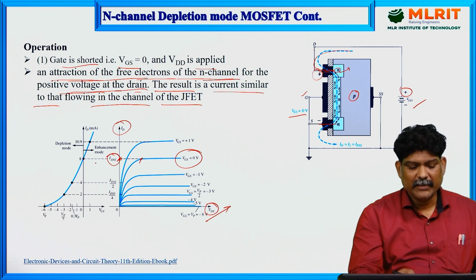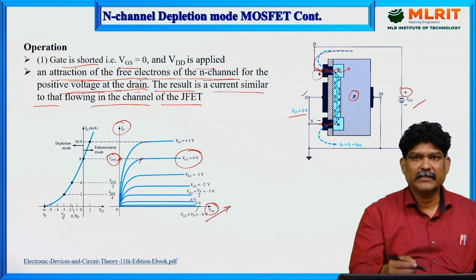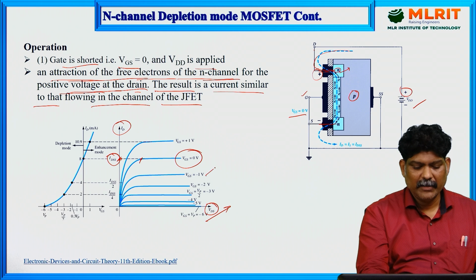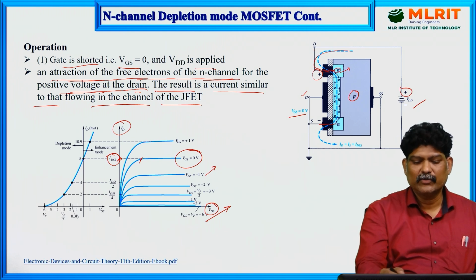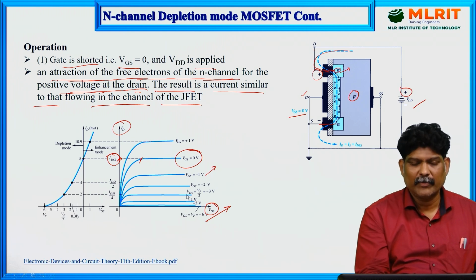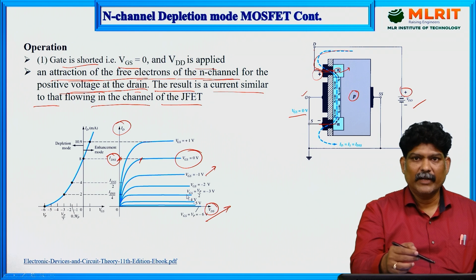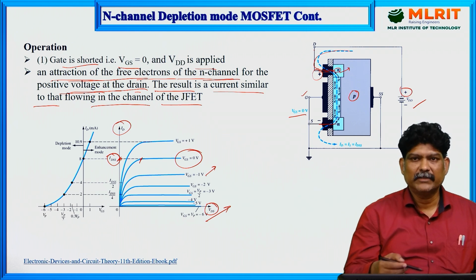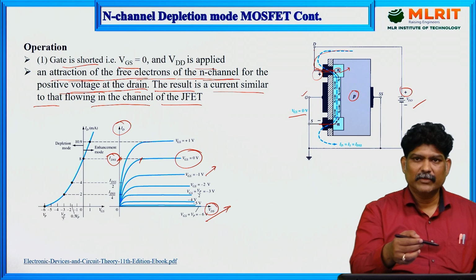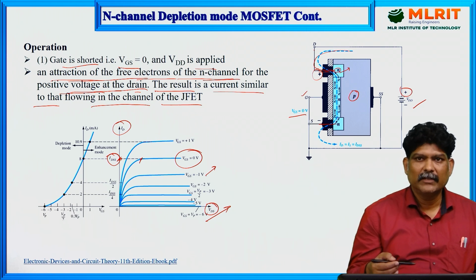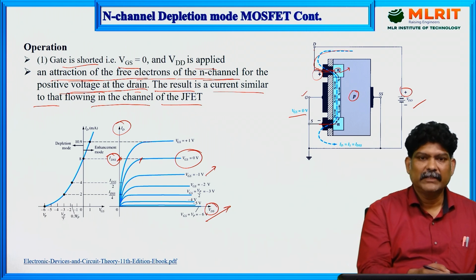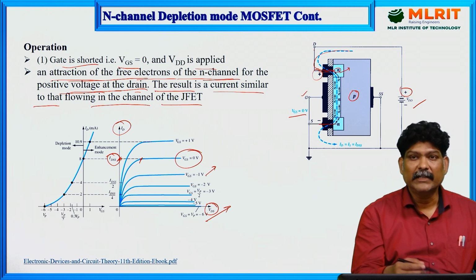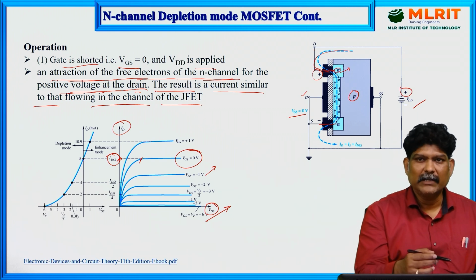If we further decrease, what happens? The resistance increases and the current decreases. If we further increase the negative gate to source voltage, that is VGS equal to -1, it means we are decreasing the gate to source voltage. Increasing the negative value means decreasing the gate to source voltage. When you decrease the gate to source voltage, correspondingly the resistance of the MOSFET increases, so the current decreases.